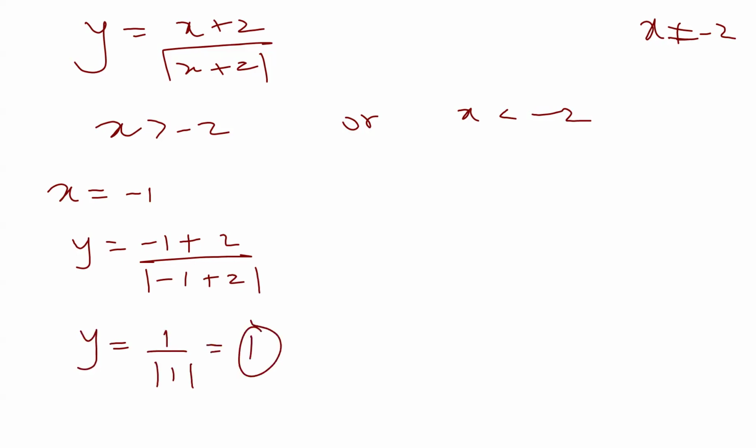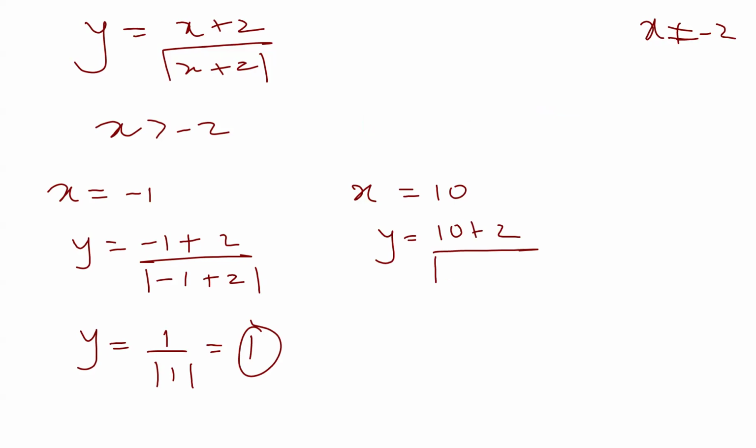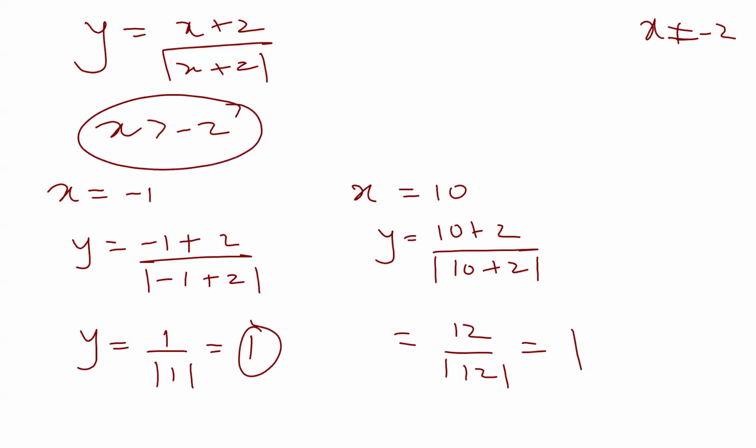Let's take one more example of this. Let's take x as, let's say, 10, greater than minus 2. So y is equal to 10 plus 2 upon modulus of 10 plus 2. So that will be 12 upon modulus of 12. Answer is 1, right? So we got a positive answer over there, and that is 1.